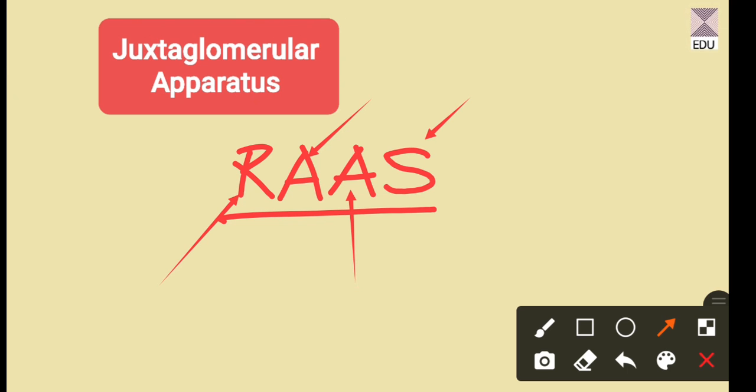So this particular system is maintaining the balance of the sodium in the body fluids. So students, with this we finish with the JGA system, and there is a control of the tubular reabsorption of the sodium by the help of the aldosterone that we have already discussed.